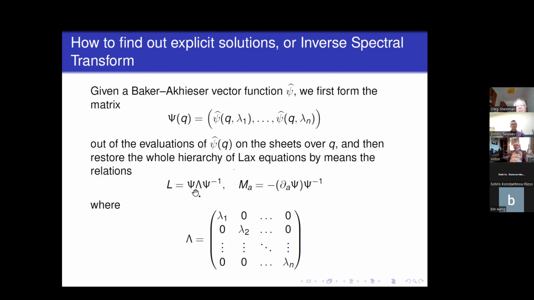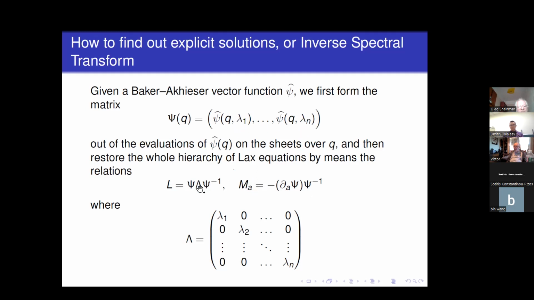L is psi lambda psi inverse. M_A is d_A of psi times psi inverse, negative, where lambda is the diagonal matrix formed by these eigenvalues.